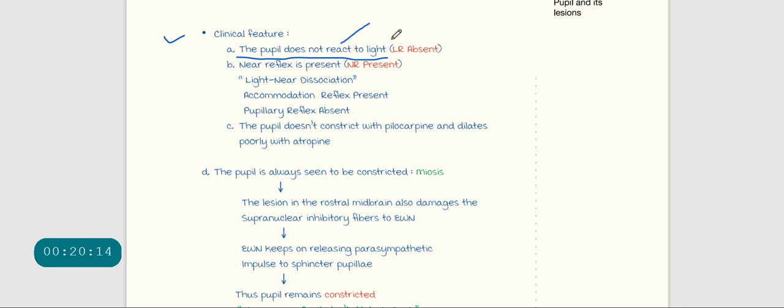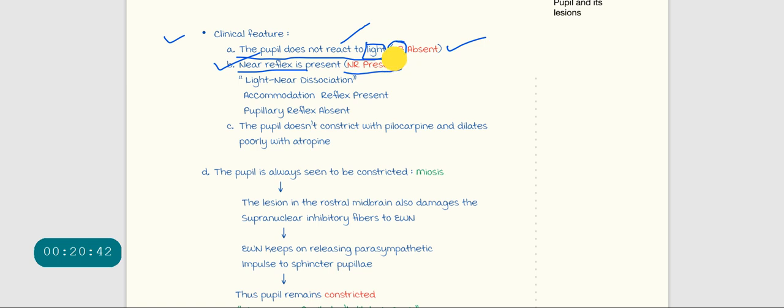This is known as light reflex absent. Very easy. Now the near reflex is present. So the light reflex is absent and the near reflex is present. These are the two clinical features.